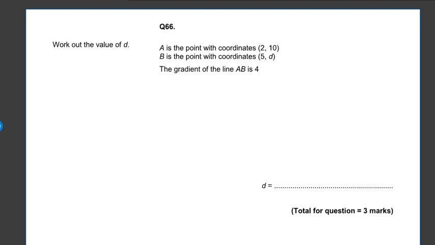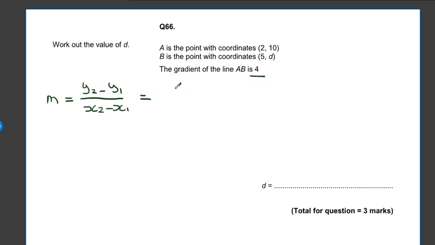Here we go. The gradient is 4, so we know m is 4. The gradient is y2 minus y1 over x2 minus x1. You can pick y2, it doesn't matter which one.